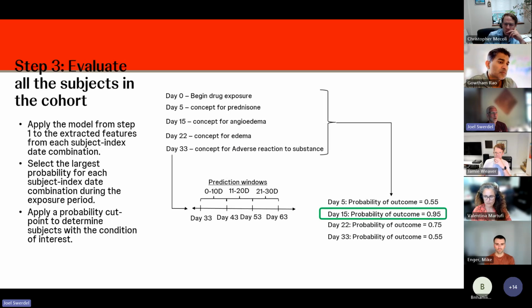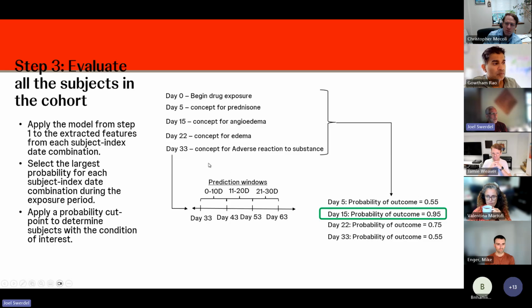So for instance, for this same person, we see all these different elements at all these different time points. At day 33, we run the 30-day prediction window. We also do it at day 22, day 15, and day 5. It becomes a little computationally intensive, but it turns out it's not as bad as you might think.